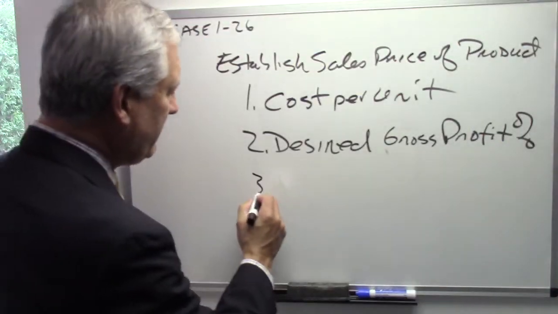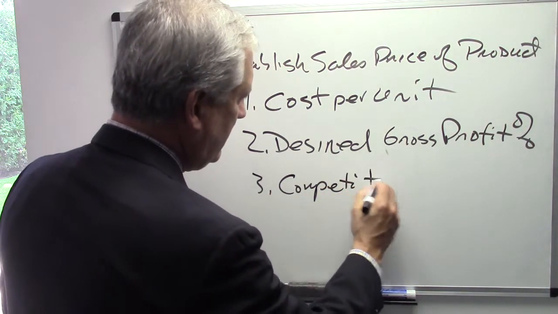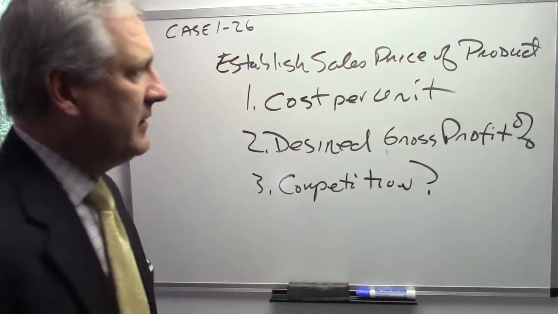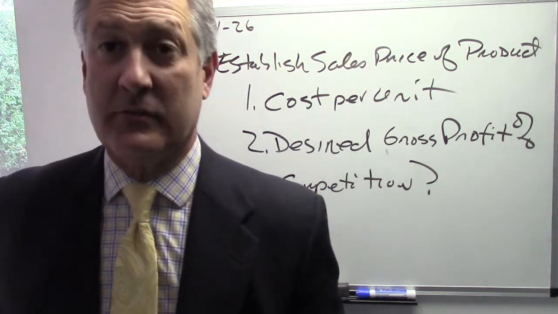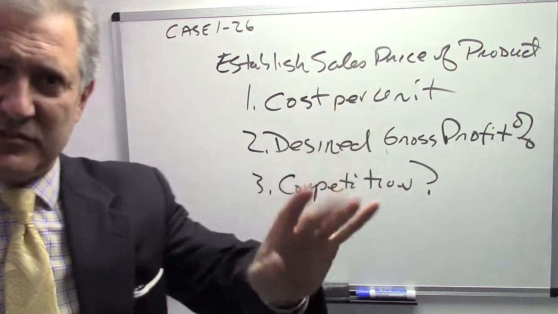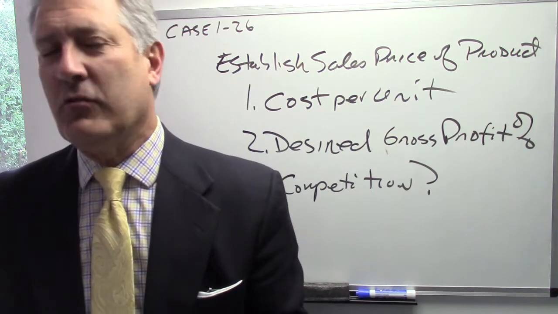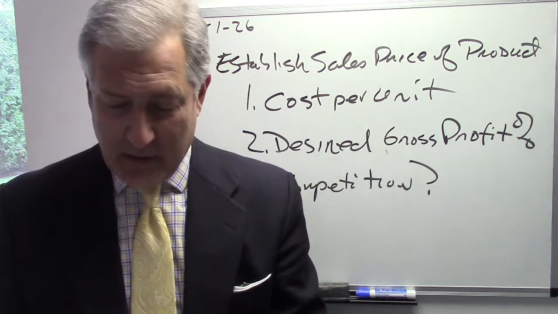And number 3, we would be remiss not discussing what the competition does. So what is the cost per unit? What is the desired gross profit margin percentage? And what is the competition doing?